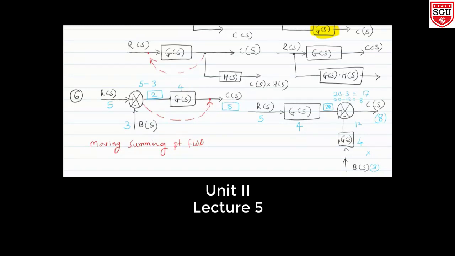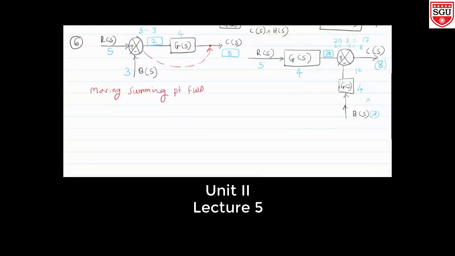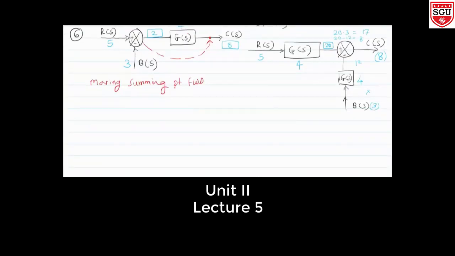So when we shift the summing point forward, what do we have to understand? Multiply the signal entering the summing point by the block which is there after the summing point. We have to consider another example of the same rule.